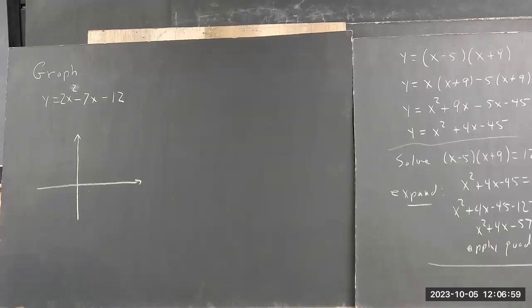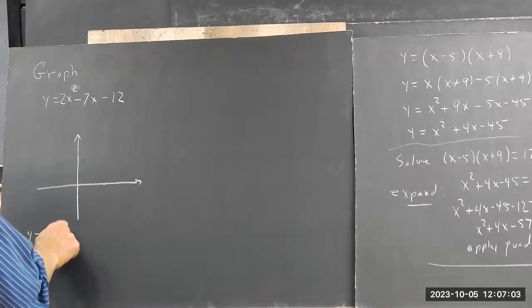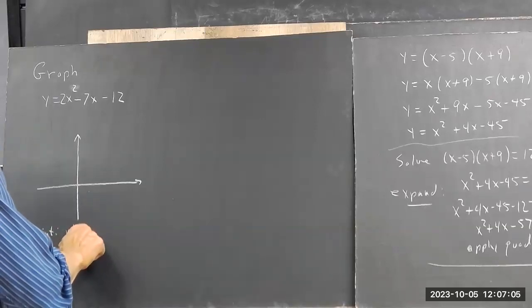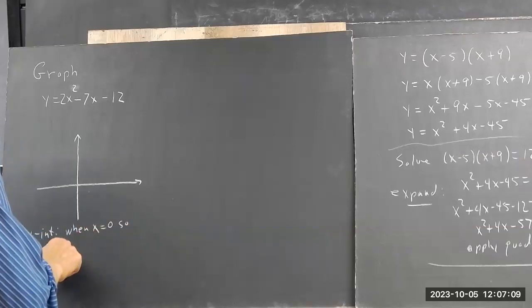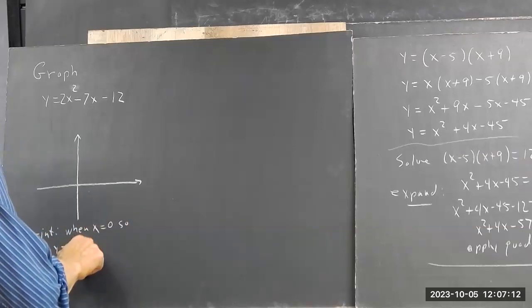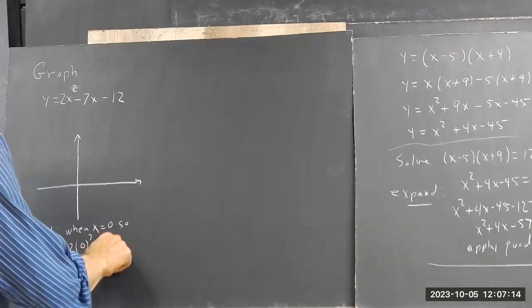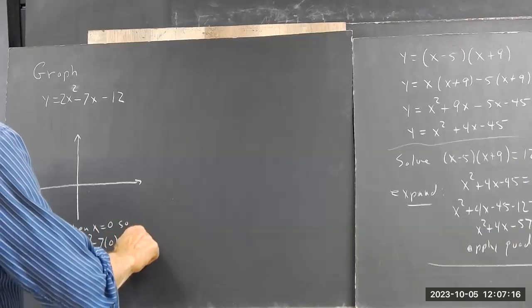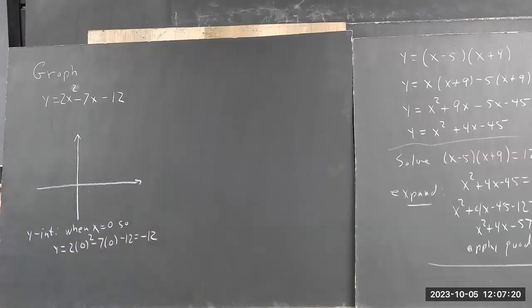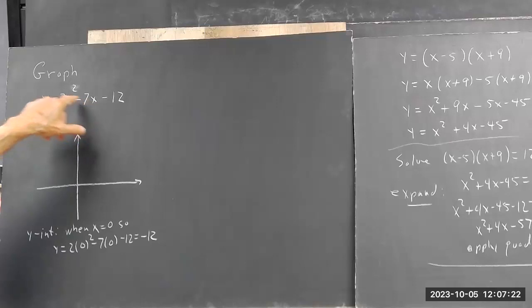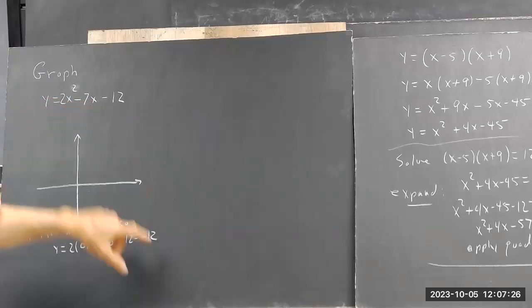Okay, so you plug in 0 for x, you get 0 here. You plug in 0 for x, you get 0 here, and you're left with the negative 12.